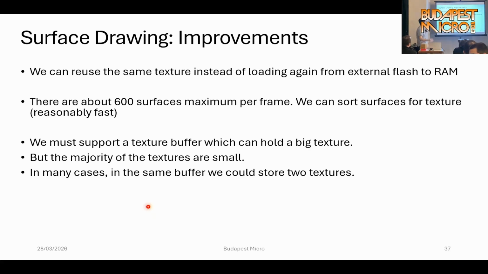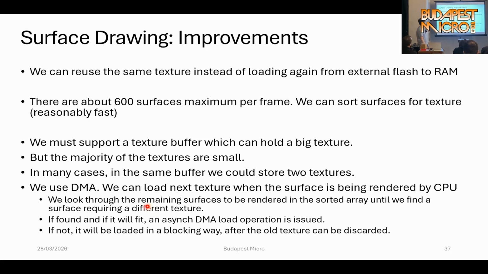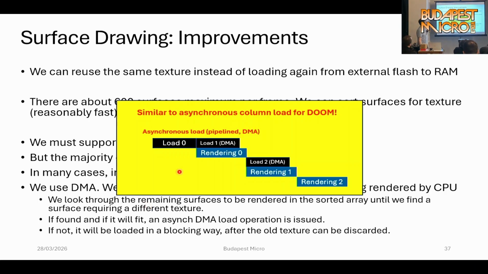So we can use the same buffer, and when possible we can load more than one texture. And we can also use DMA so that we can use the same trick we made before. That is, when we are rendering an element, we can load the next element at the same time.